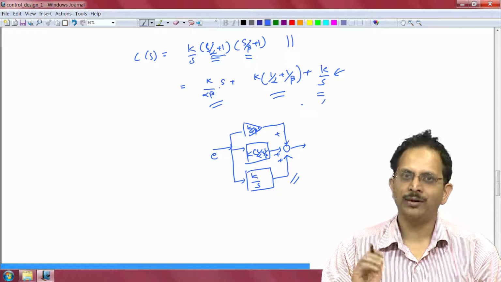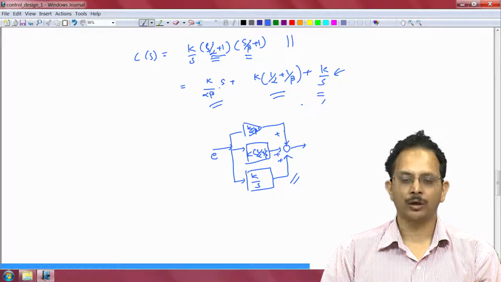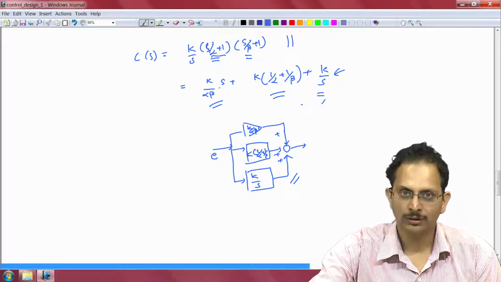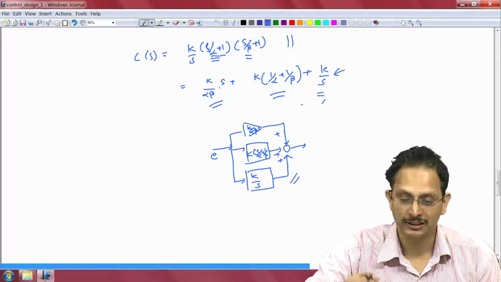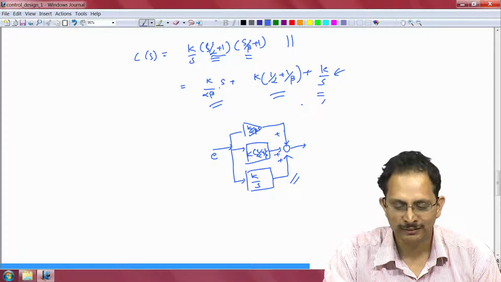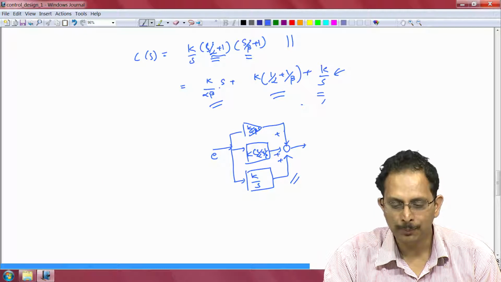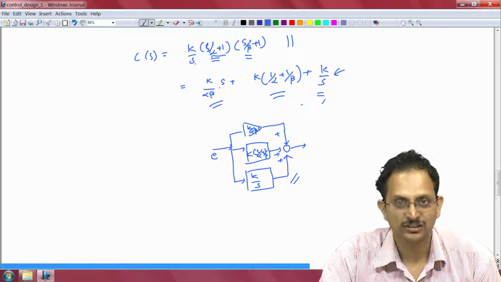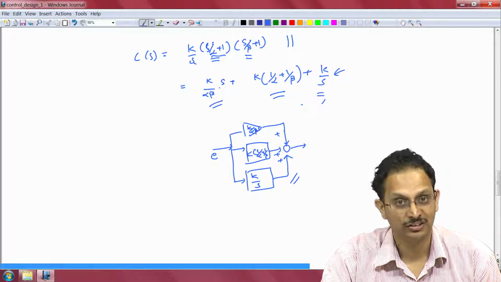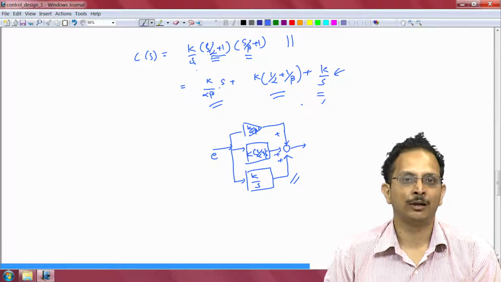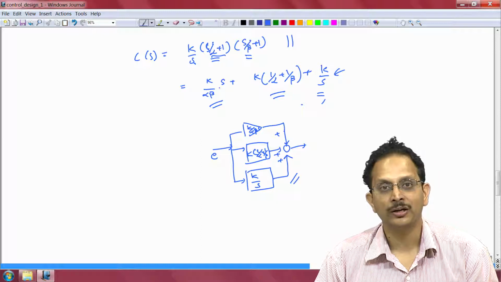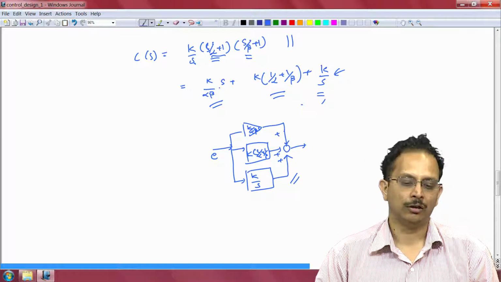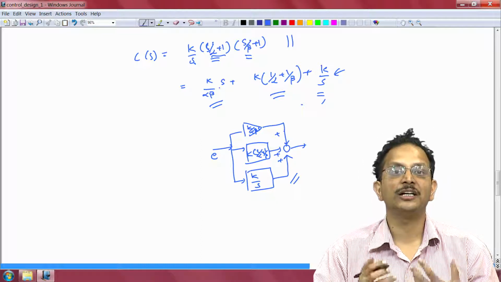There is one other point that I wish to make in connection with the PID controller. If you notice the structure of the controller as it has been written here, we see that we have a second degree polynomial in the numerator of the controller and simply s in the denominator, or simply a first degree polynomial in the denominator, which means that this is not a causal transfer function, or in other words it cannot be physically realized.